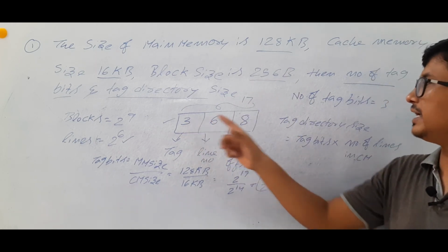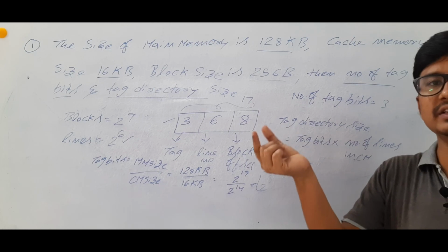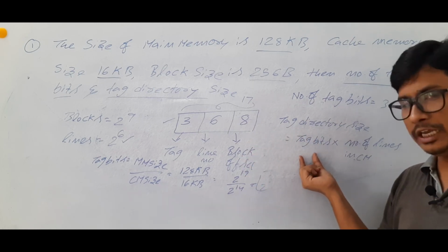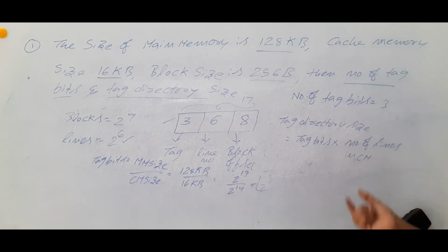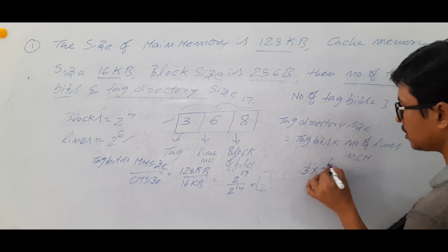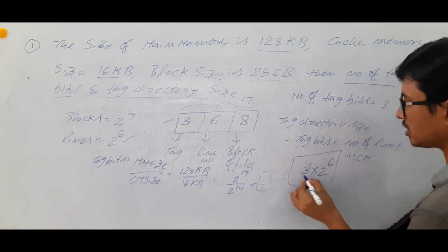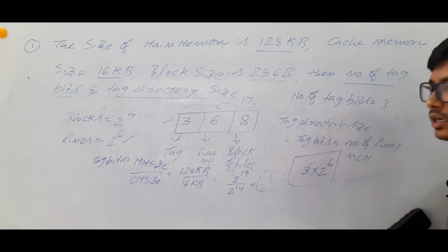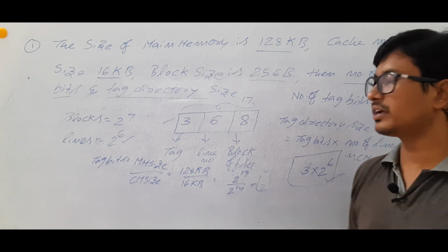How many tag bits are there for each line? 3 bits. So 3 bits into the number of lines in the cache memory. The number of lines is 2 power 6. So it is 3 into 2 power 6. So you have 3 bits and totally 64 lines in the cache memory.